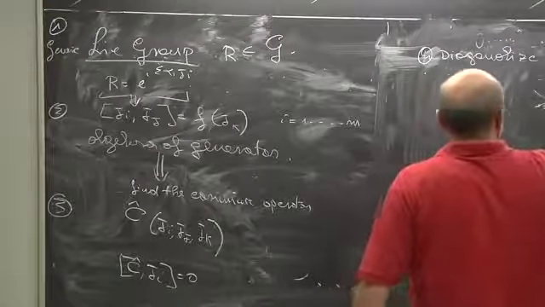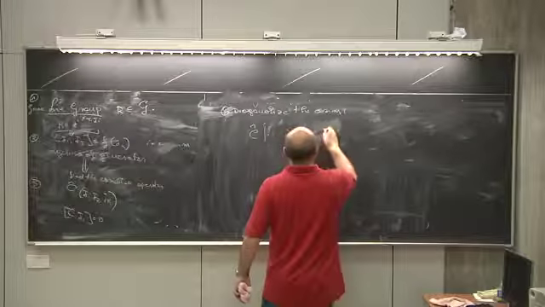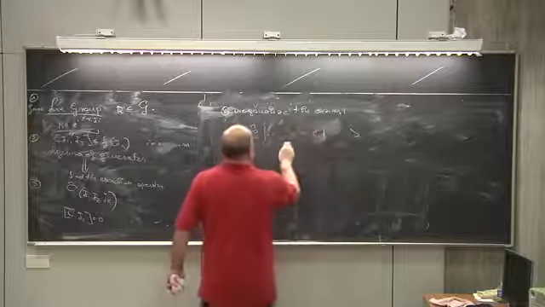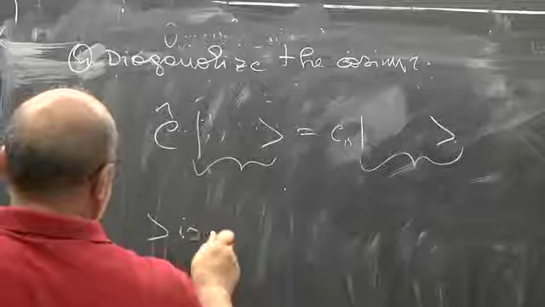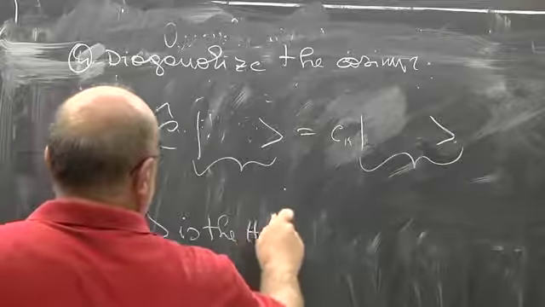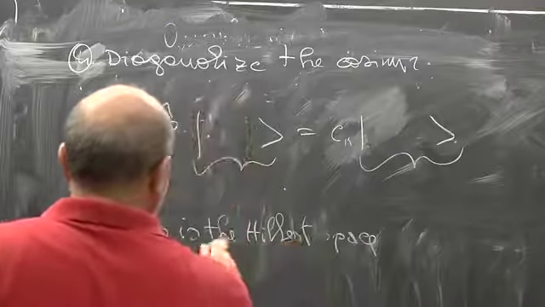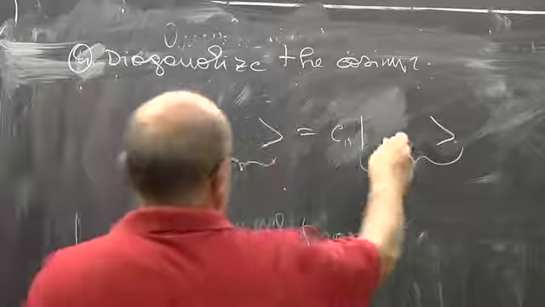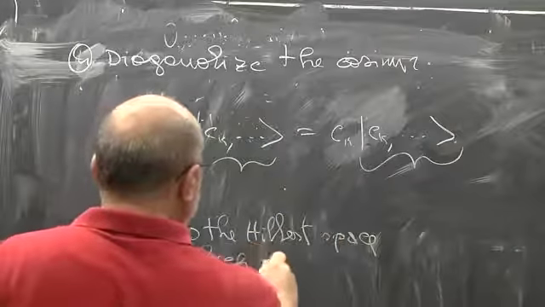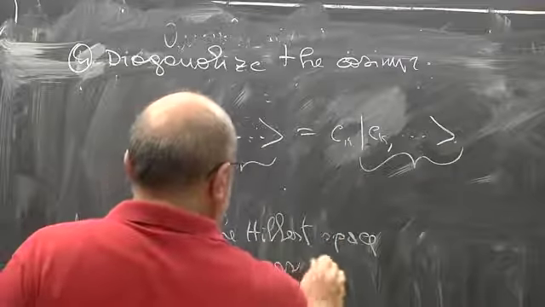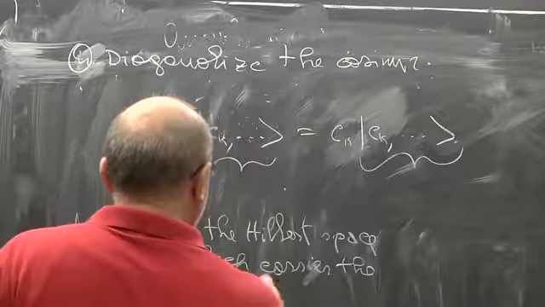So C on some Hilbert space is equal to some number, let's call it C_k, and so on. And this is the Hilbert space which carries, of course you have C_k and then other numbers, the space which carries the representation of the group.